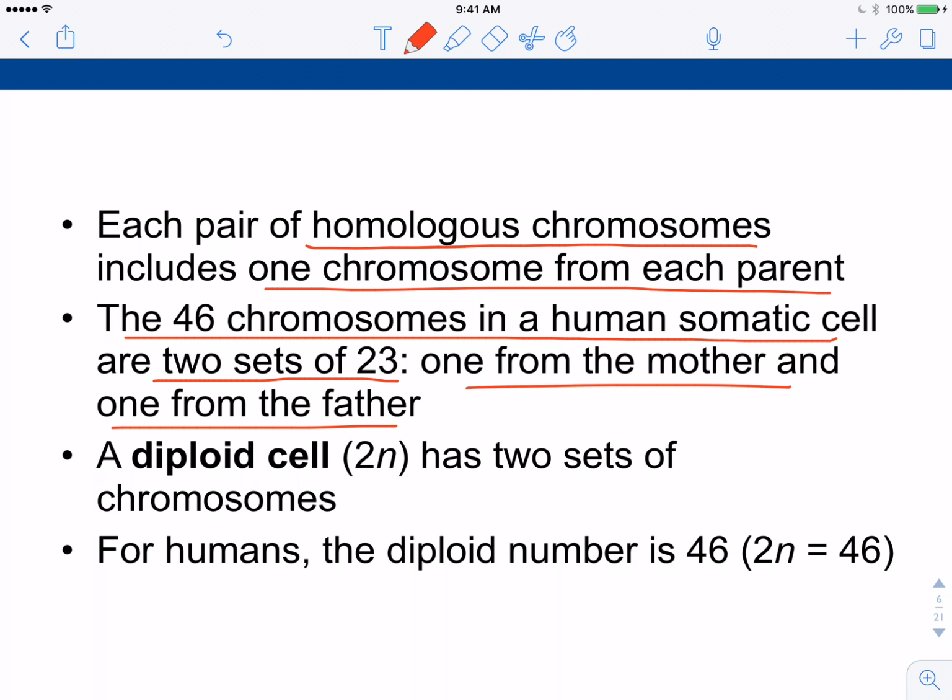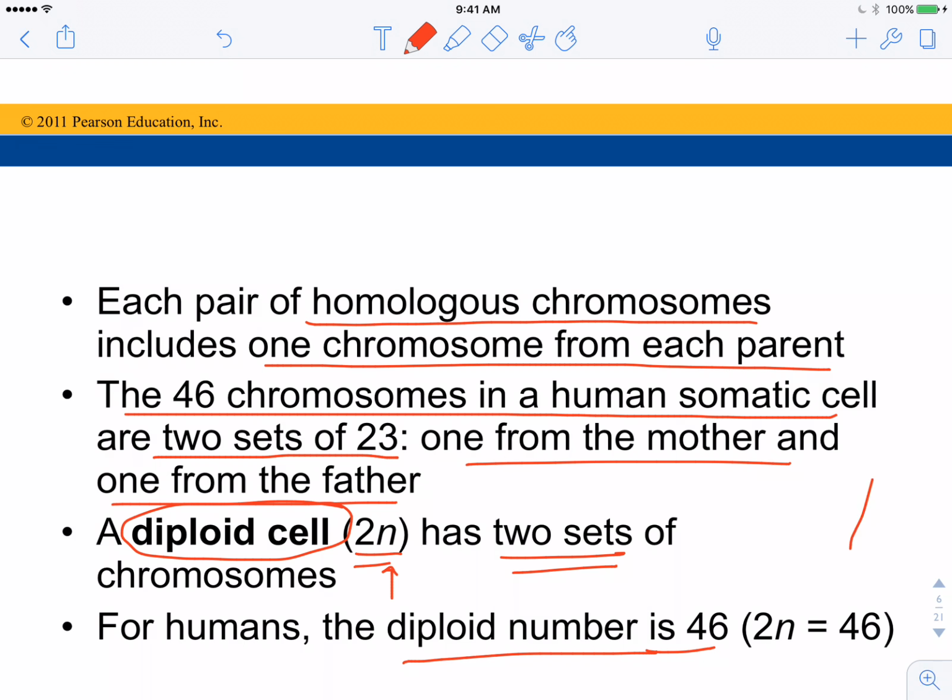If a cell has both sets of chromosomes, it's called a diploid cell, and we use the number 2n to represent that cell. So it has your number of chromosomes times 2. For humans, the diploid number is 46.